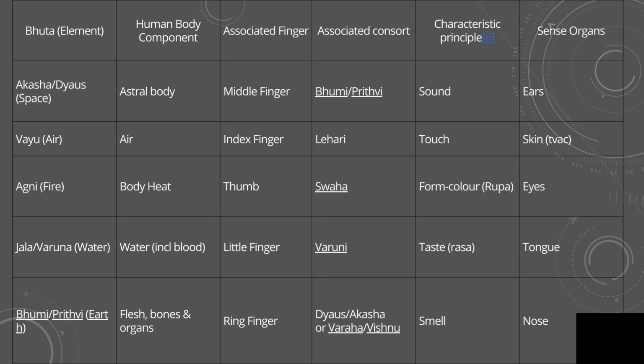In this slide, we will see the associated fingers with Panch Mahabhuta. So, Akash is the middle finger, Vayu is the index finger, Agni is the thumb, Jala is the little finger, and Prithvi is the ring finger. Since our fingers are associated with Panch Mahabhuta, we have a culture to eat with our fingers.